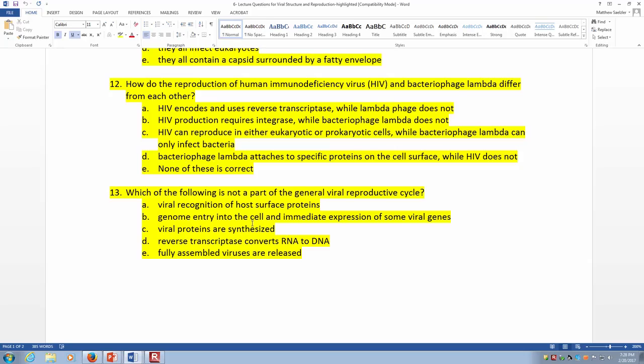And in that case, the membrane protein that it binds to is the membrane protein that recognizes the part of the virus. So you would say that it recognizes that part of the virus. So that does happen in viral reproductive cycles. D. Right, D. So reverse transcriptase converts RNA to DNA. So reverse transcriptase is not going to be involved in any virus that has a DNA genome.